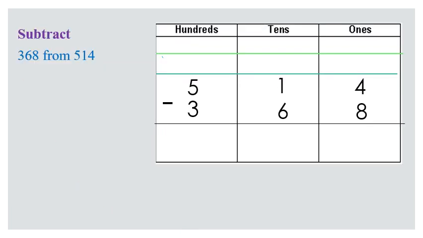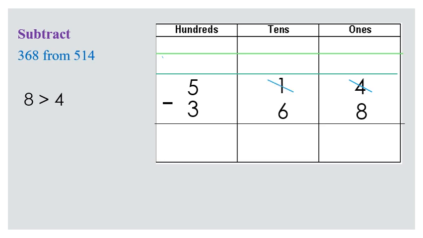Now subtract 368 from 514. Step 1 is write the numbers in column form. Now step 2 is subtract the ones. Here 4 is less than 8, or 8 is greater than 4. So we cannot subtract 8 from 4. We have to borrow 1 ten from the tens column.